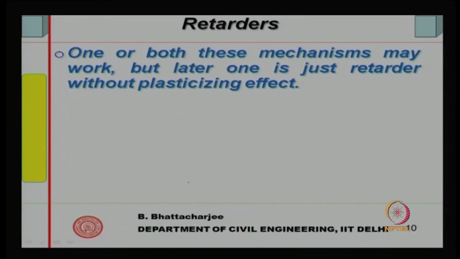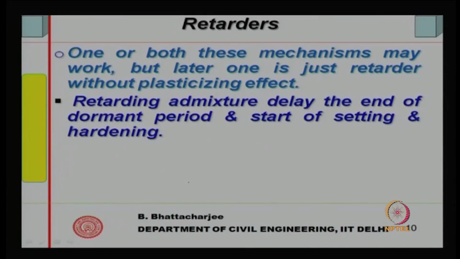Both these mechanisms may be at work, but the latter is just a retarder without plasticizing effect. The first one is with plasticizing effect, that is, coating on top of the surface. This coating might also disperse the cement particles, while the second case, with calcium ions forming complex, will not have plasticizing effect.